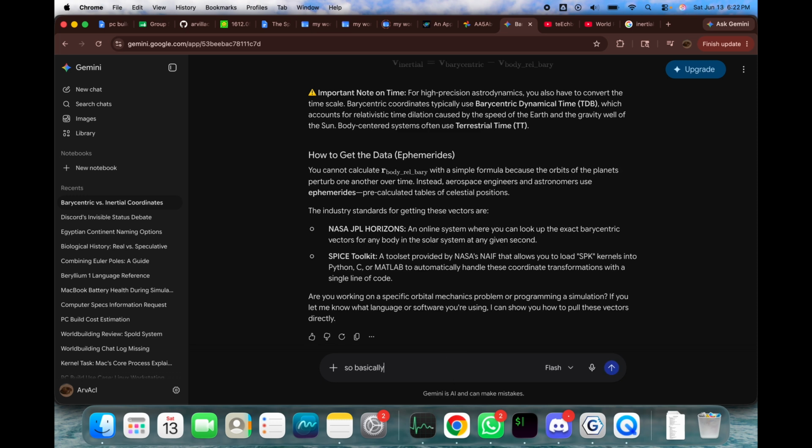So basically, to convert, let me verify this. To convert to barycentric coordinates, you move everything such that the barycenter is at 0, 0. It's at 0, 0.